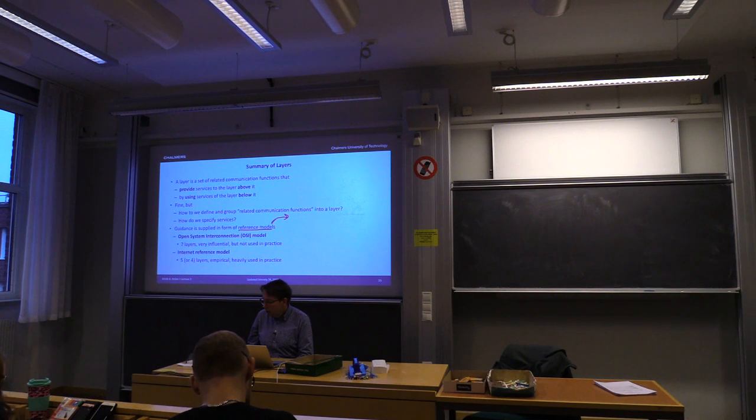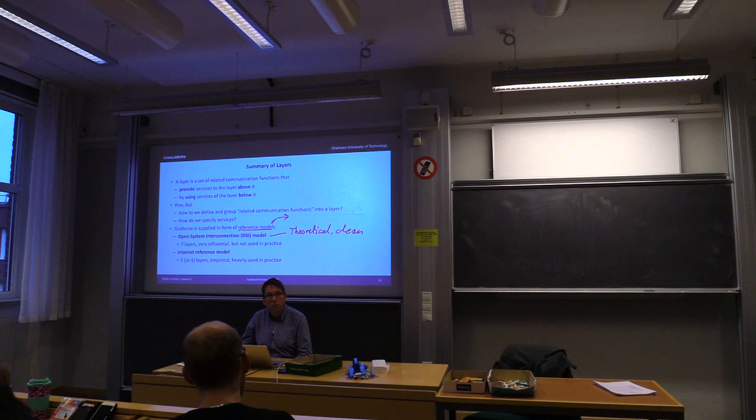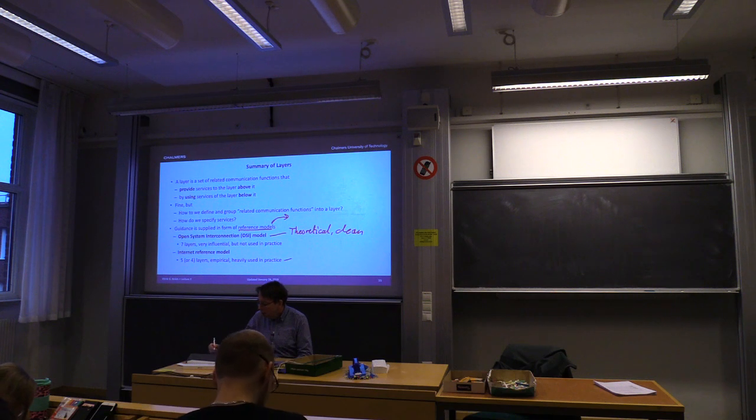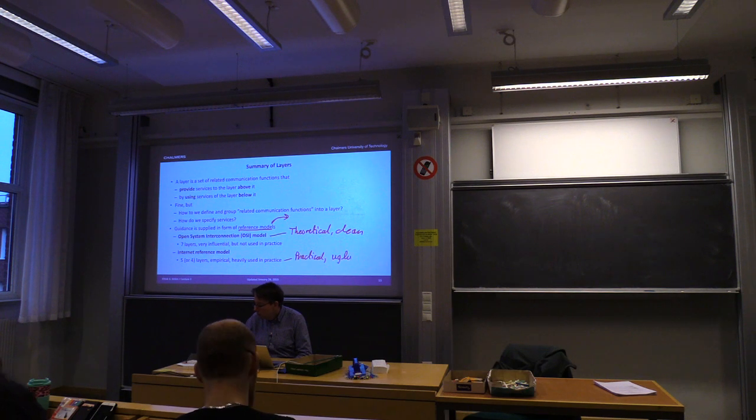So we have, what should we say, the theoretical clean model here, well thought out and precise in many details. And here we have the practical ugly model, but it's what's used. Okay.